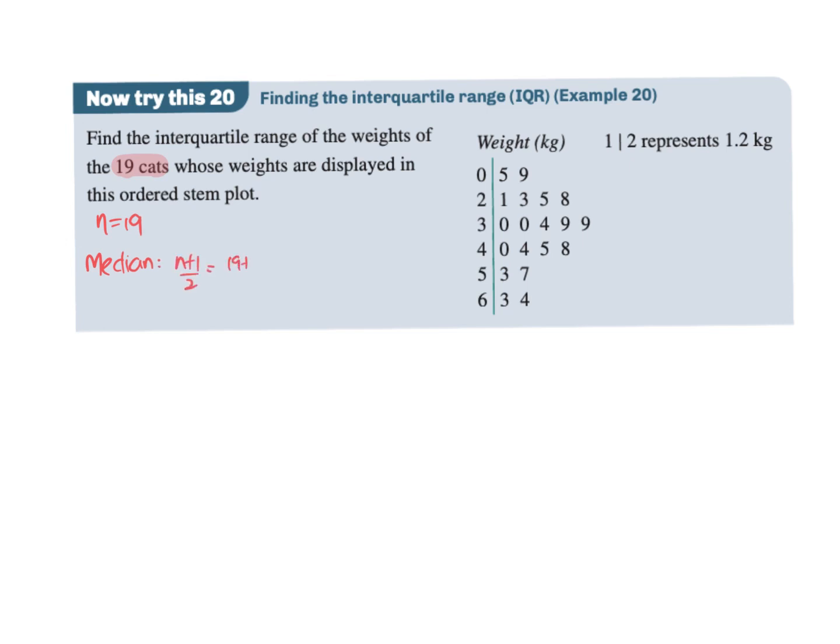So we would have said 19 plus 1 divided by 2. The median would have been the 10th value. So if you go in here and we find that, 1, 2, 3, 4, 5, 6, 7, 8, 9, 10. So that number there is your median value.